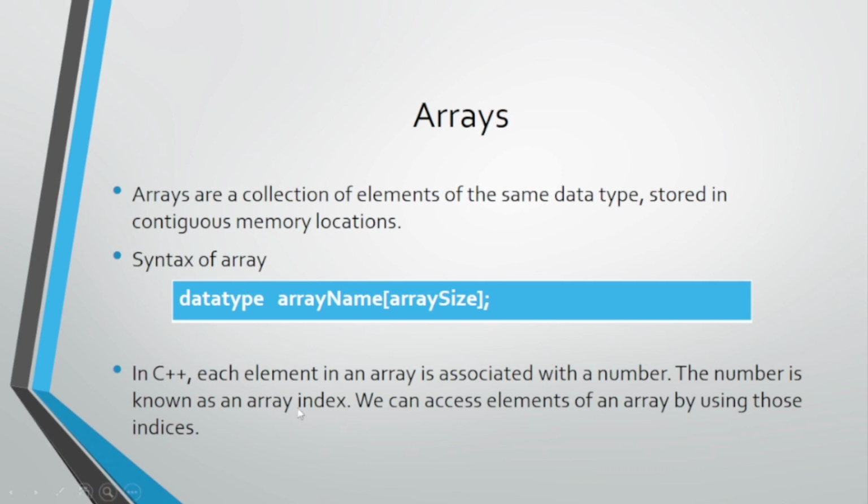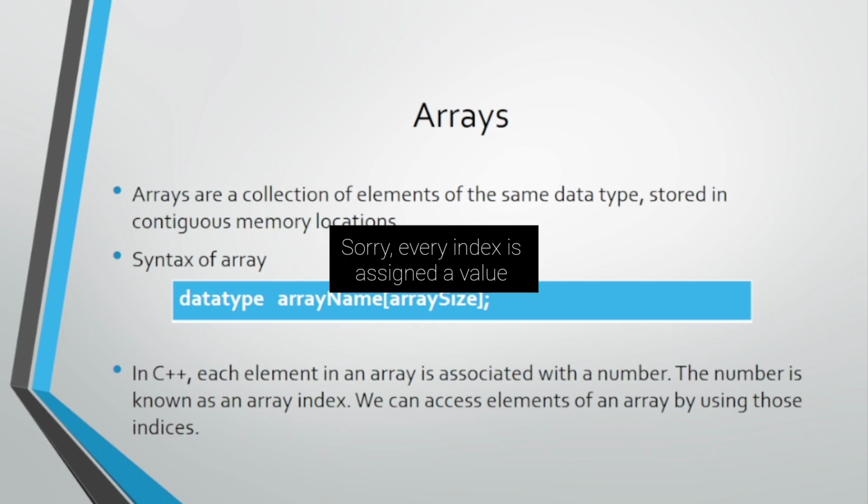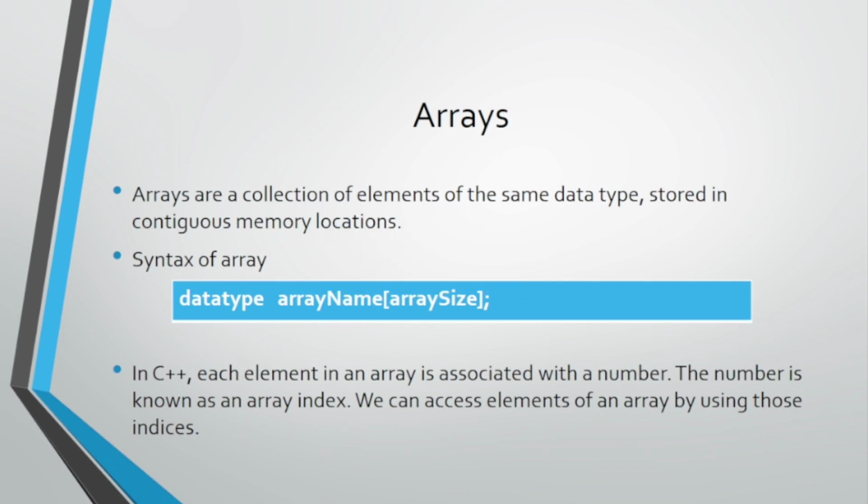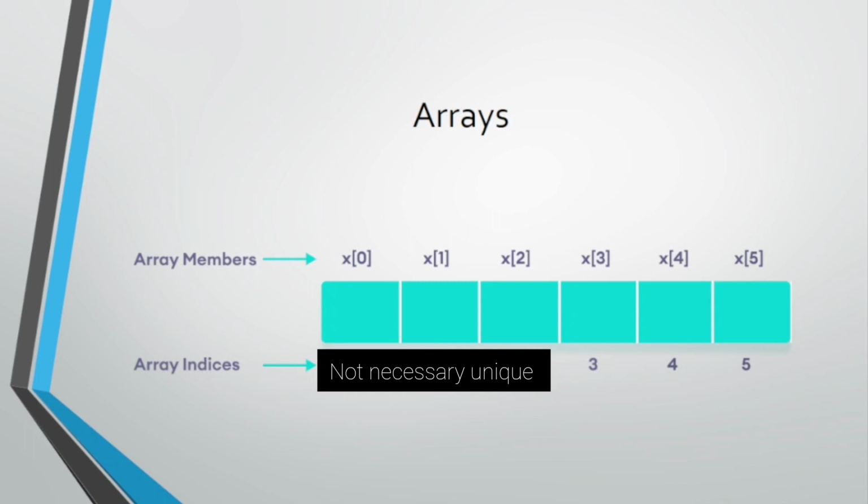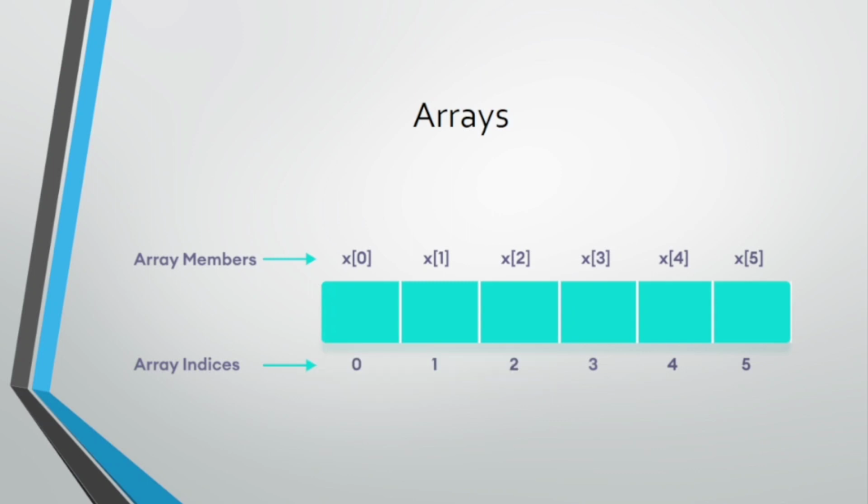So this is the generalized syntax: data type, array name, and array size. Okay. So there is a concept of index. What is index? Every element in an array is assigned its own index. We can say that every index is assigned a unique value, or maybe the same value, but here is how it works.